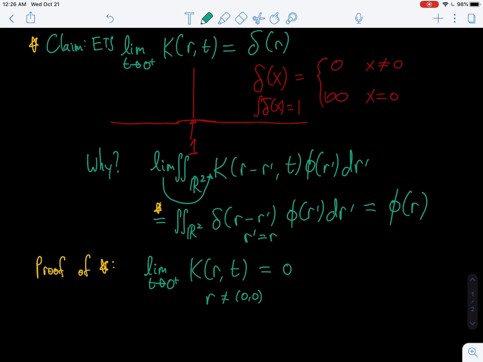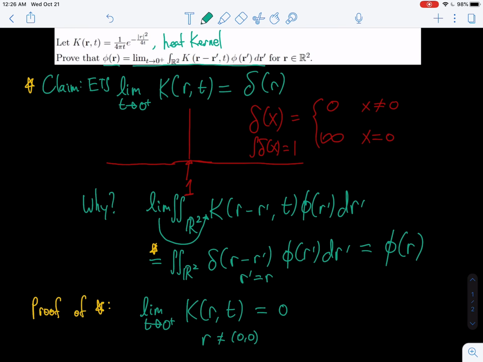Why? Well, what does the kernel even look like? K is 1 over 4 pi t times e to the negative r squared over 4t. Notice that on the top we have the size of r squared.